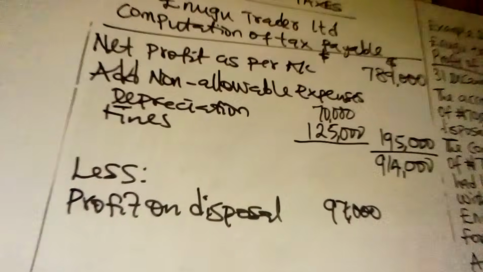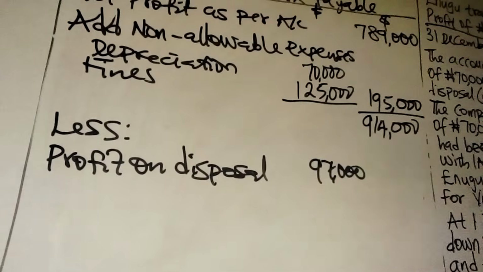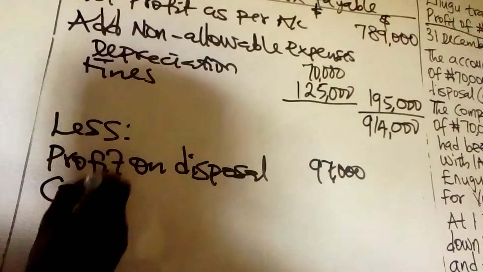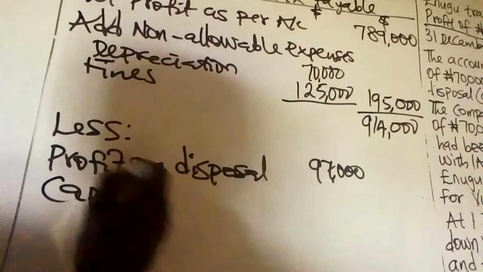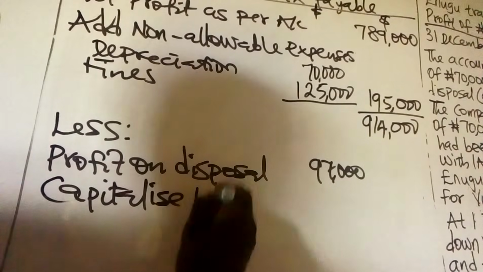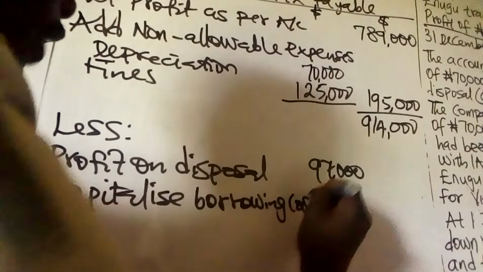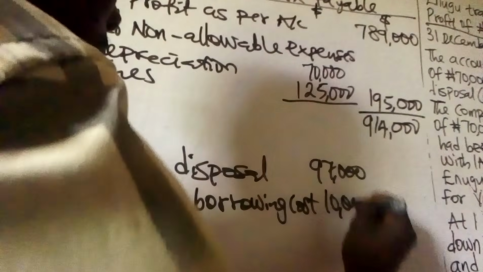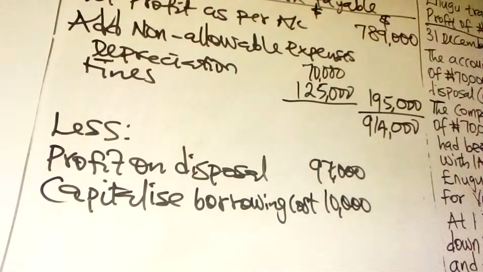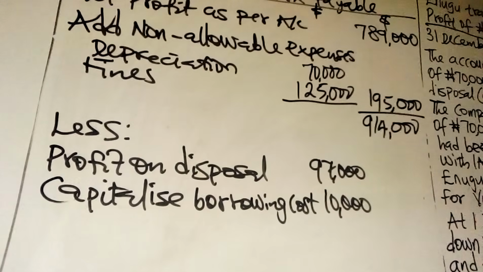So we have capitalized borrowing cost of 10,000.